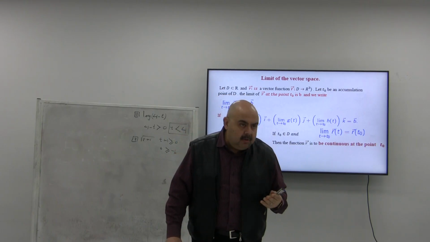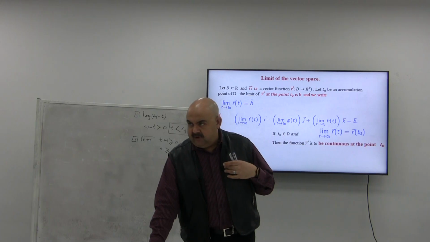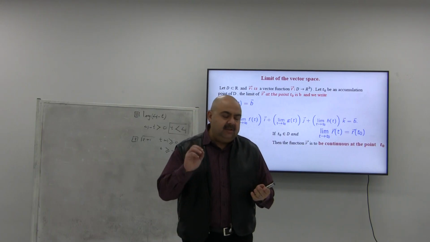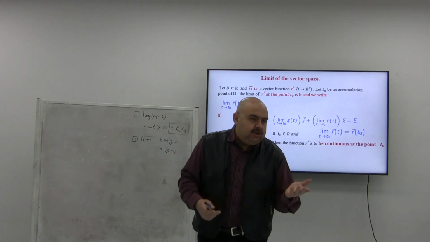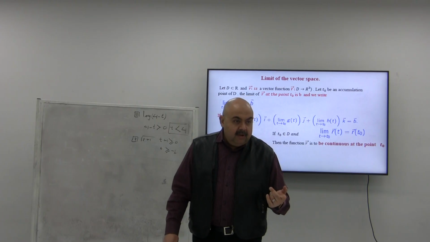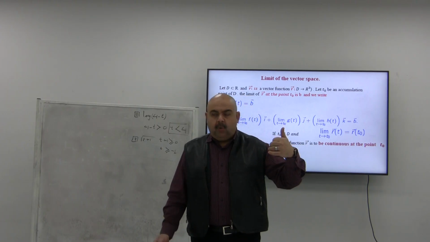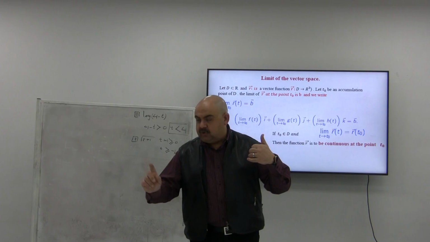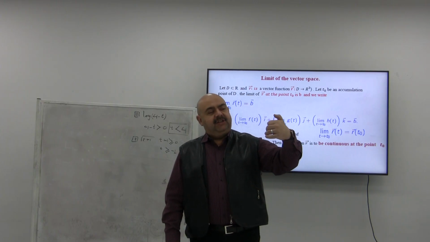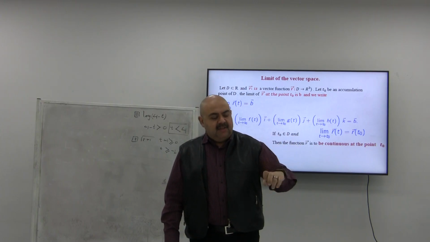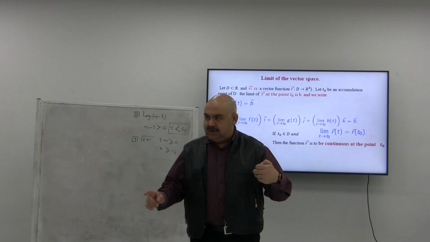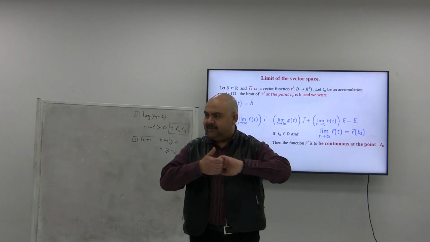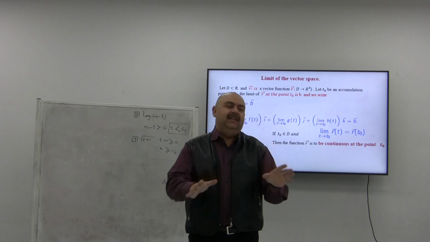If I want to know whether a function is continuous or not at a certain point, what to do? What's the check? Do you remember? The value of the function equals the value of the limit. So first of all, the value of the function exists. Second, the value of the limit exists. Third condition, they have to equal each other. So it's exactly the same.